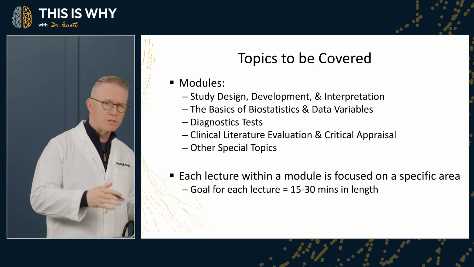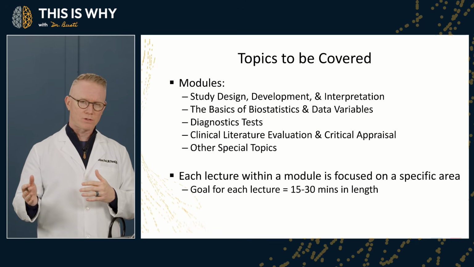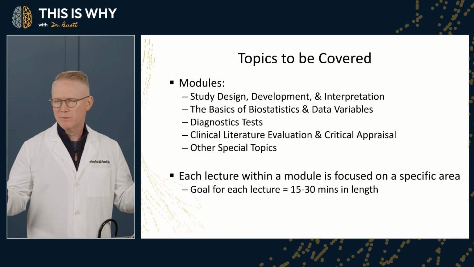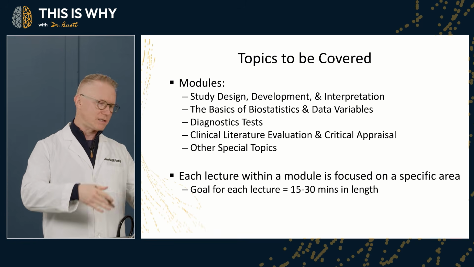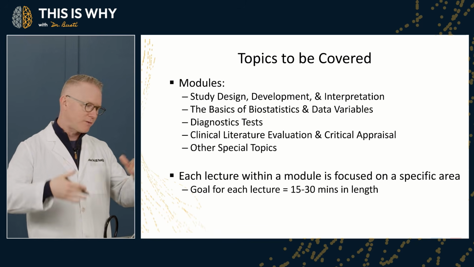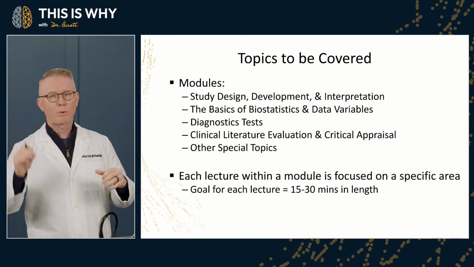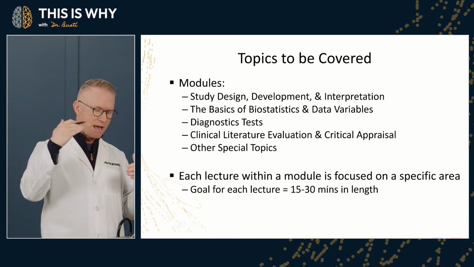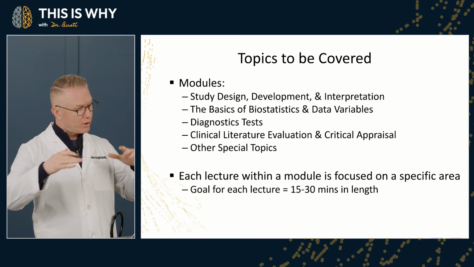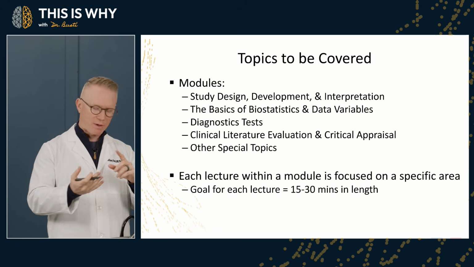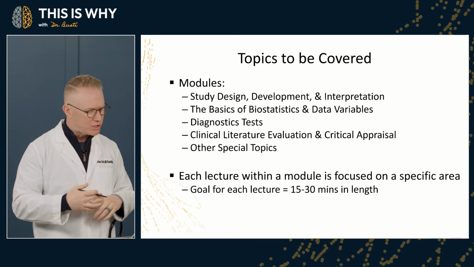There's the fundamentals of biostatistics and interpretation of those data variables: p-values, 95% confidence intervals, alpha values. Diagnostic testing, things like sensitivity, specificity, positive predictive value, likelihood ratio. Clinical literature evaluation and critical appraisal tools, and the systematic way you should be doing that. And then several additional special topics, things like FDA approval processes, pharmacoeconomics considerations, all of those things.